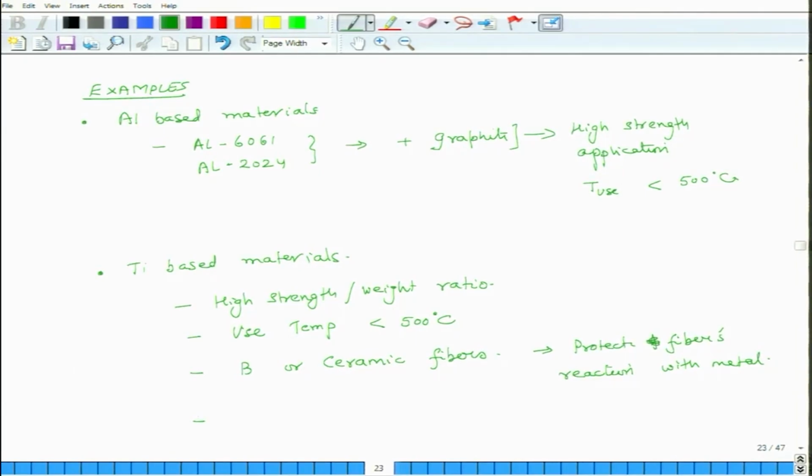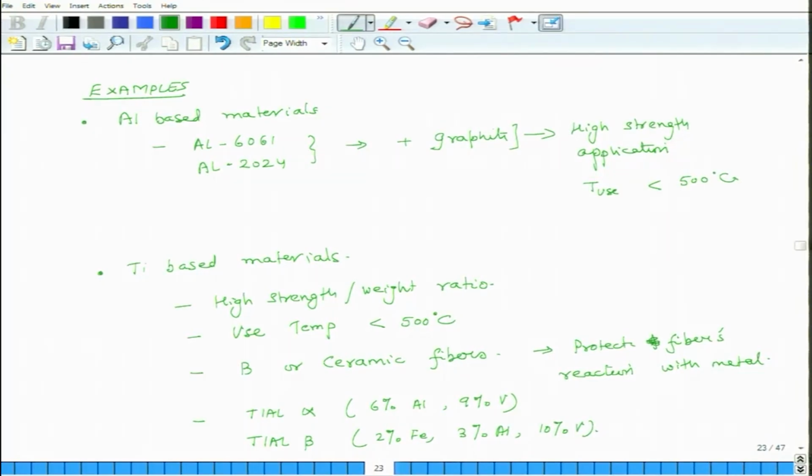So, you do not use pure titanium or pure aluminum, you use some alloy. So, one is known as TL alpha and the other one is known as TL beta. So, what do you have in TL alpha? You have, of course, titanium is there, but you have 6% aluminum and 9% vanadium, and in TL beta you have 2% iron and you have 3% aluminum and 10% vanadium. So, this is what you have.